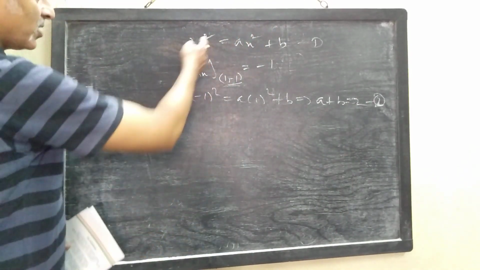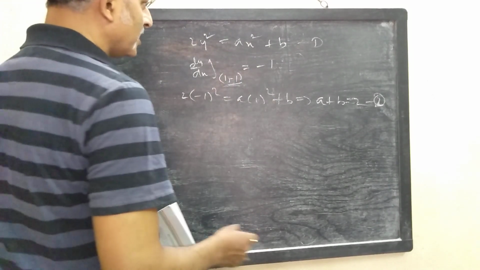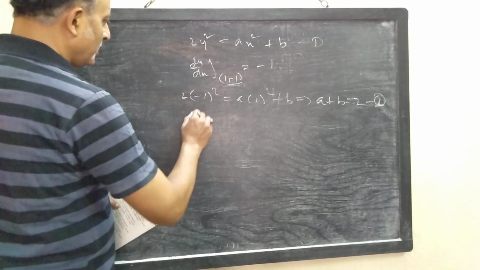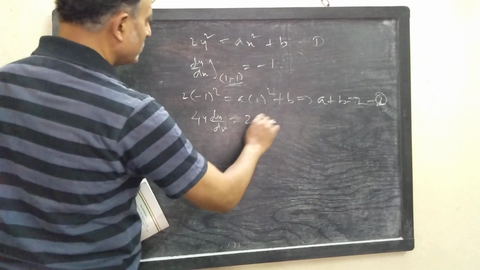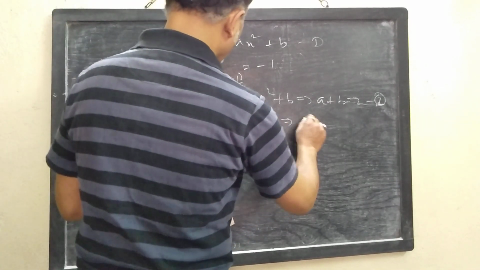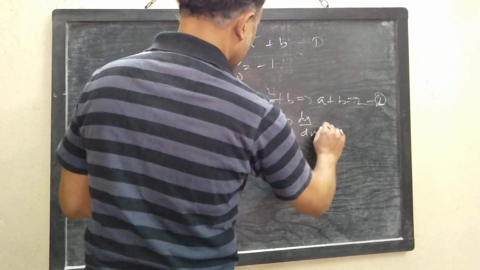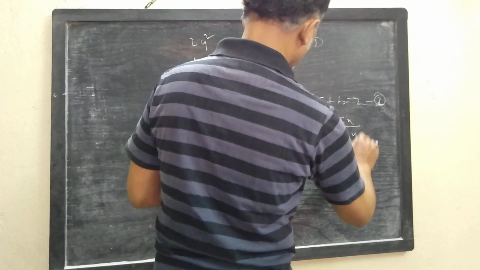Next, calculate dy/dx from 1. So write down, differentiating both sides of 1 with respect to x, we get 4y dy/dx equals 2ax. From this you have dy/dx equals ax by 2y.